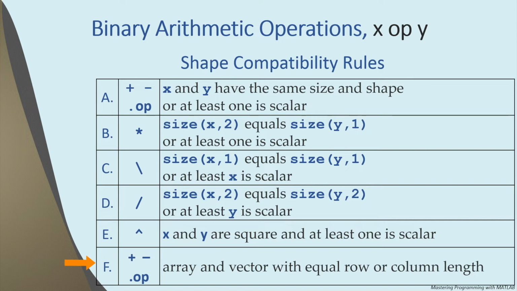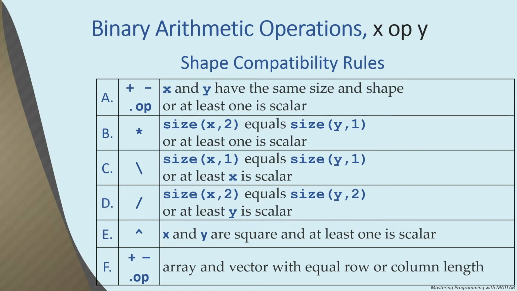Not just any vector in any array, though. You can only do it if the vector is either a row vector with a length equal to the row length of the array, or a column vector with a length equal to the column length of the array. Put another way, the vector has to be either the same width or the same height as the array.